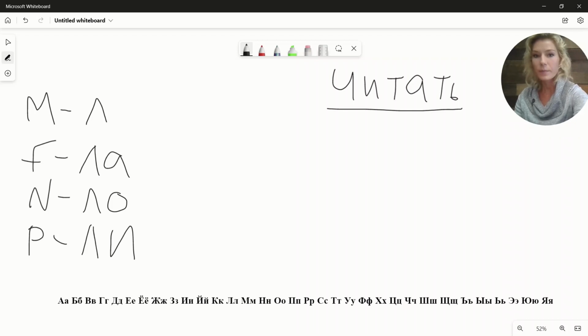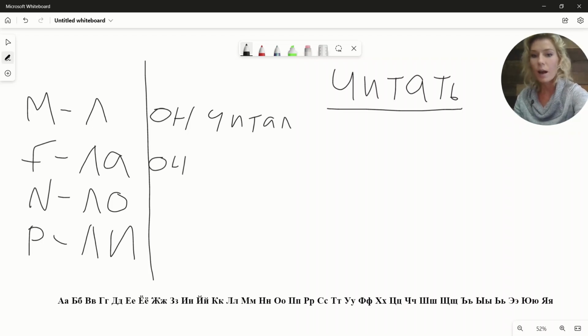So masculine, on, that will be he, on chital. Feminine will be она читала. Okay, so you see masculine ends in a consonant, L. Here we're going to end in a vowel for feminine, la, читала.